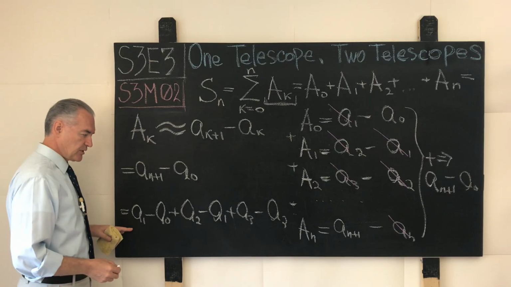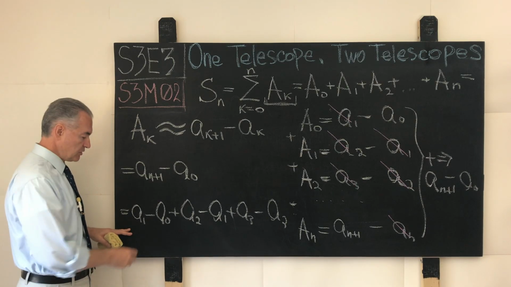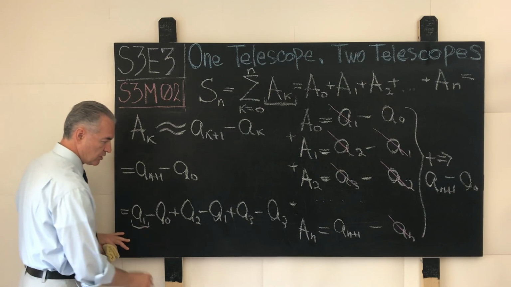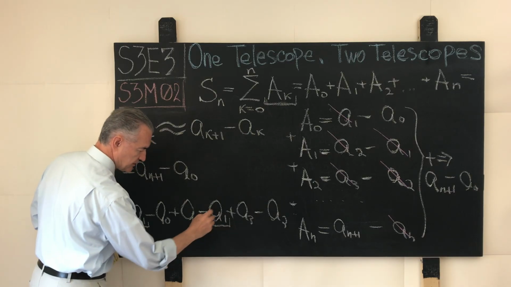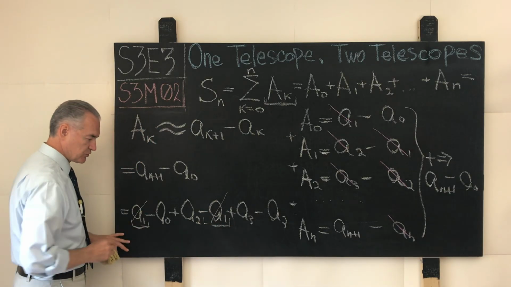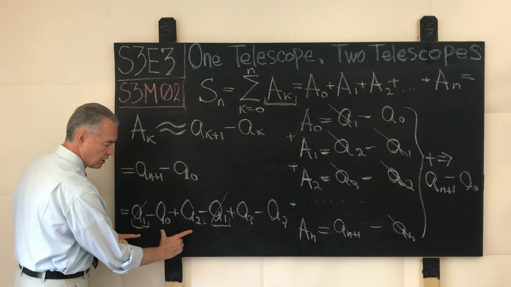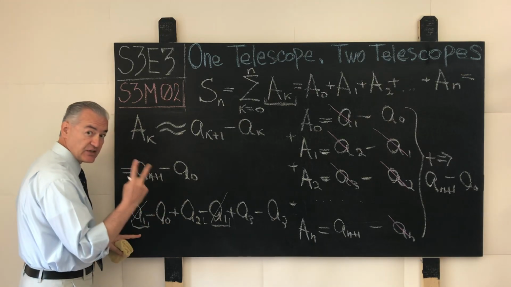So let's say, for example, what is the distance between the like terms with the opposite signs? Well, here the distance is 2, because the term A1 over here with the plus sign will cancel out with the term A1 with the minus sign. These two terms will cancel out. And what's the distance between them? 2. So the distance between like terms with opposite signs is 2.